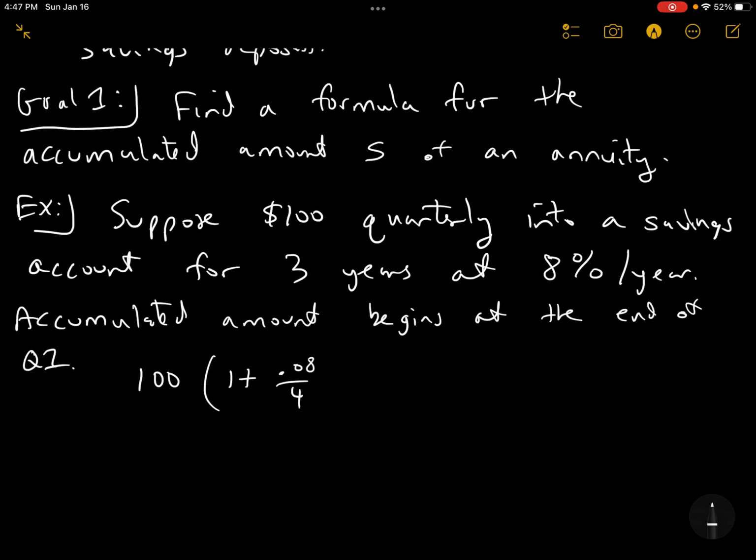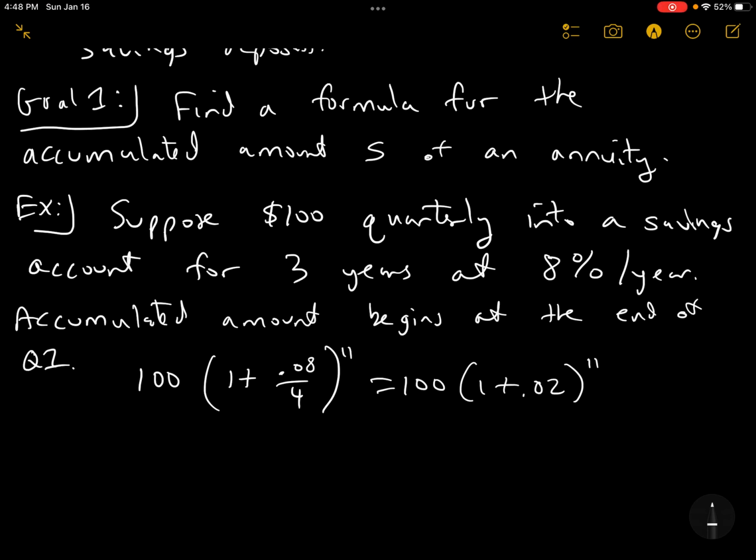So our initial deposit goes in, and that initial $100 is computed using this. So it's at the end of term, and it's for 11 months because the first term there's nothing in it, right? Because we don't enroll until the end of term. Okay, and we're going to rewrite this as this.